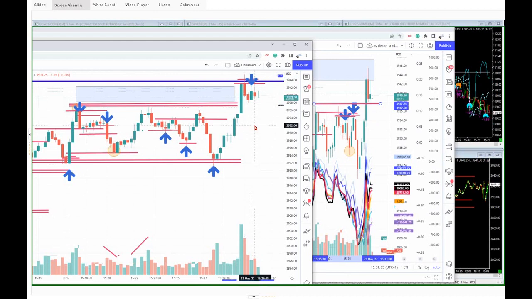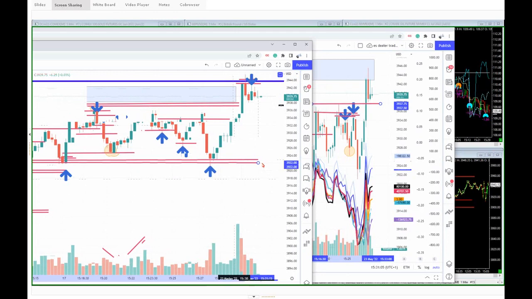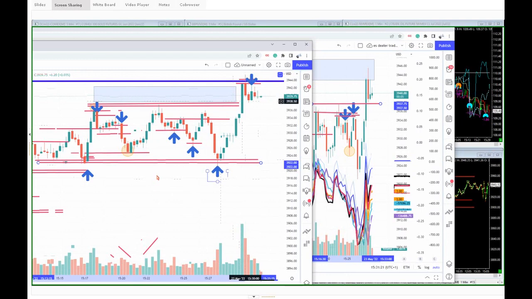Now, does this level here change? Yes or no? No, it stays the same level. Because that higher high, this is the lowest low after we broke that higher high, right? It's the same price level. It hasn't changed. If anything, yes, it dropped down a few ticks here because it gave us a pin rejection low.